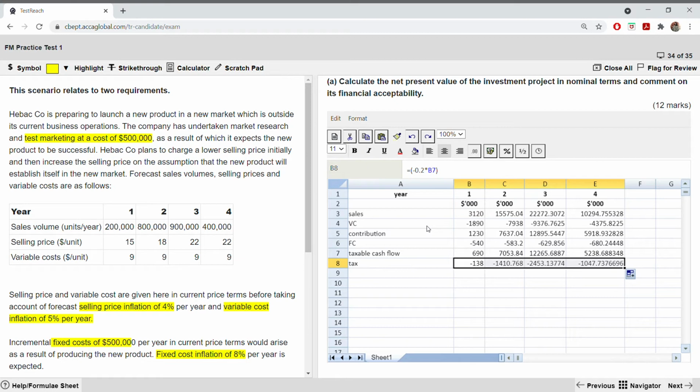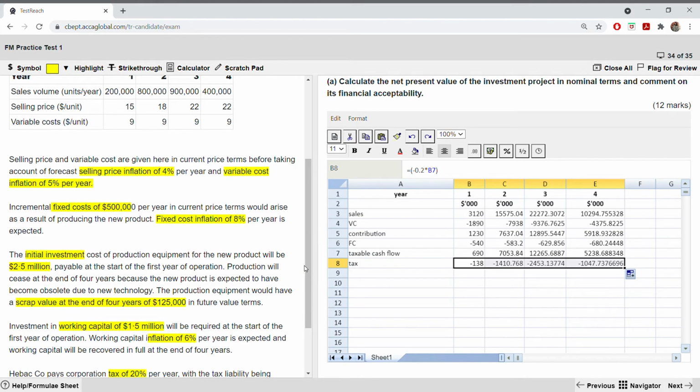Next, tax allowable depreciation, or you can say TAD.